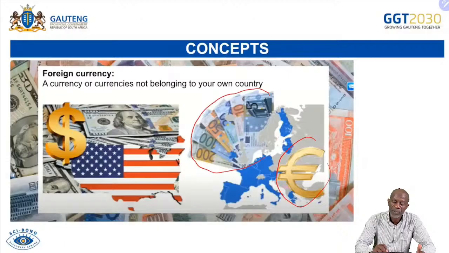So you'll be expected to change your rands into euros, so that you use the currency that is applied in that country. So all these other notes that we are not familiar with are foreign to us, then they are referred to as foreign currency.